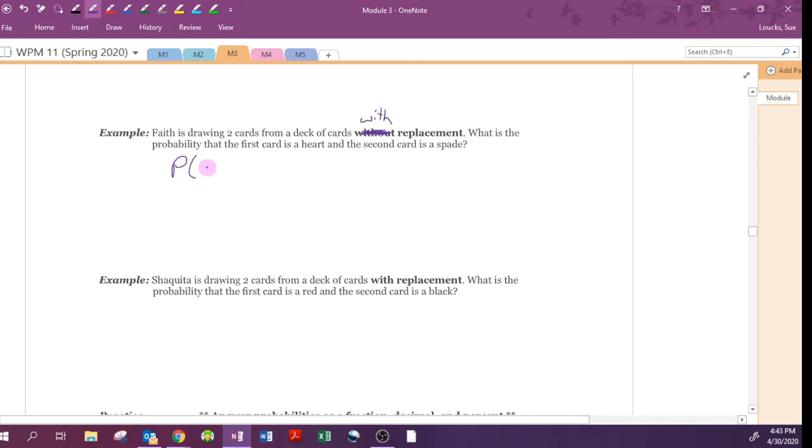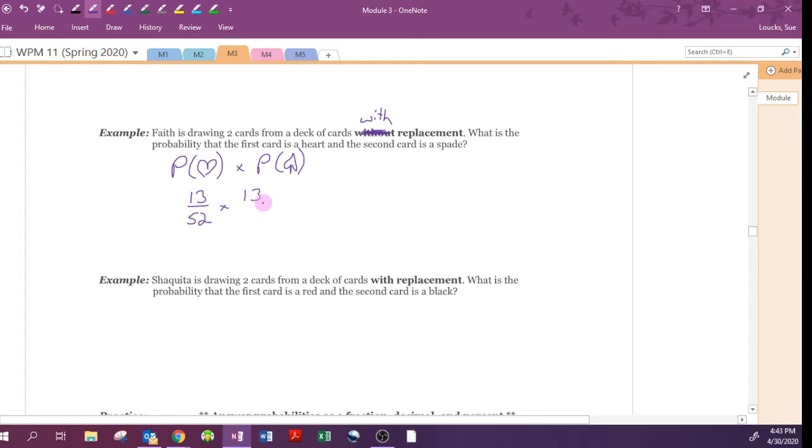So we want the probability of a heart times the probability of a spade. So there are 52 cards in a deck, and 1/4 of them is each suit. So this is going to be 13 out of 52. 13 cards out of the 52 are hearts.